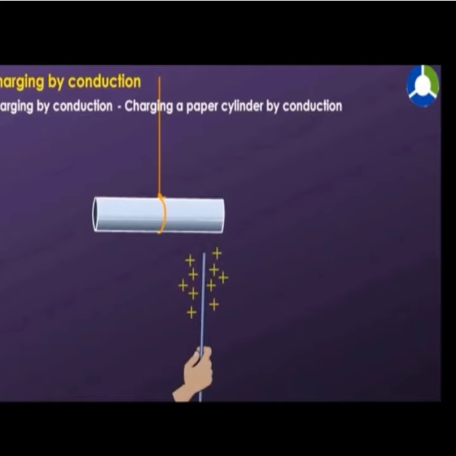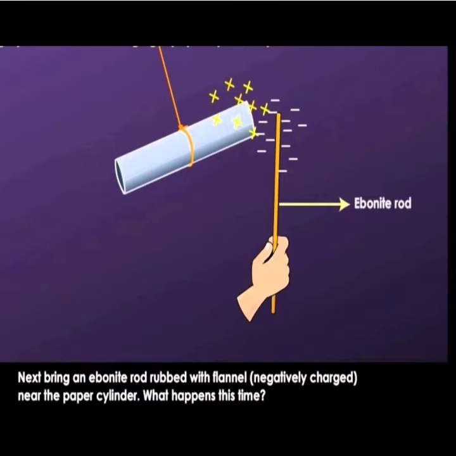When the ebonite rod is rubbed with woolen cloth, electrons from the woolen cloth are transferred to the ebonite rod. Now, the ebonite rod will be negatively charged. When it is brought near the paper cylinder, negative charges in the rod are attracted by the positive charges in the cylinder.